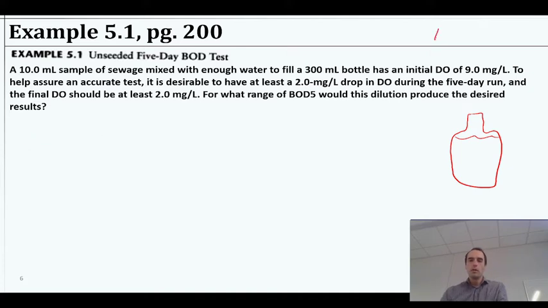Remind you here that P is the volume of wastewater divided by the total volume.